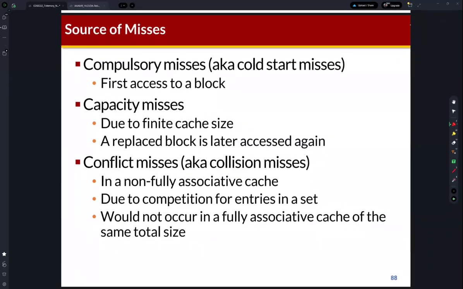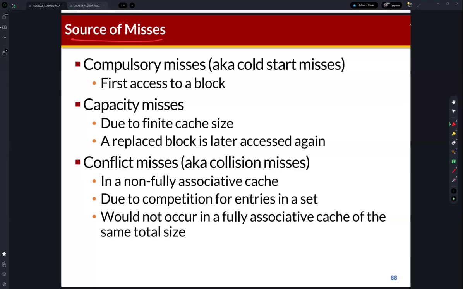So I can just explain about the sources of misses. When we analyze the performance of a cache, we can also analyze why cache misses happen in a target cache.